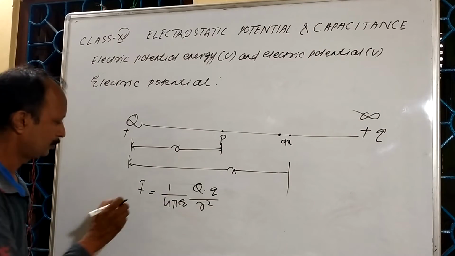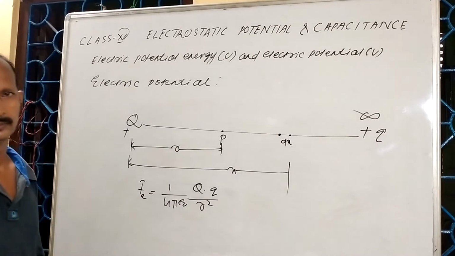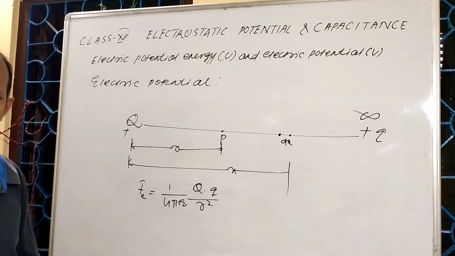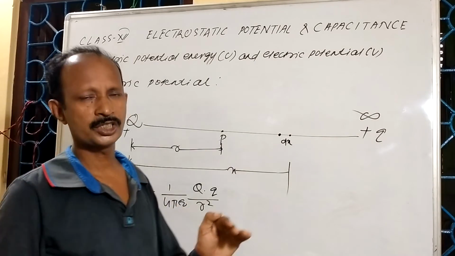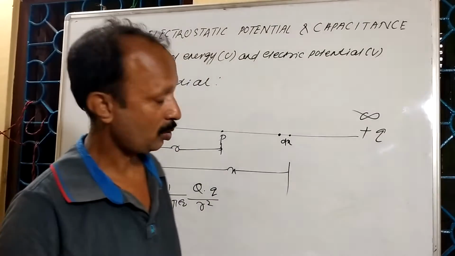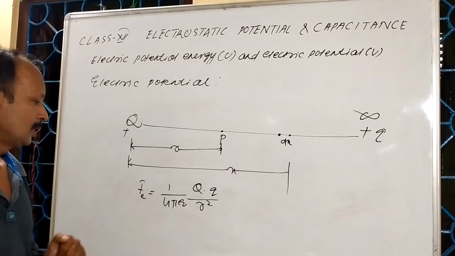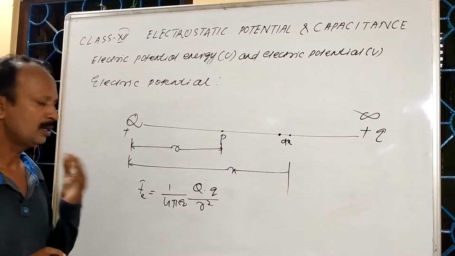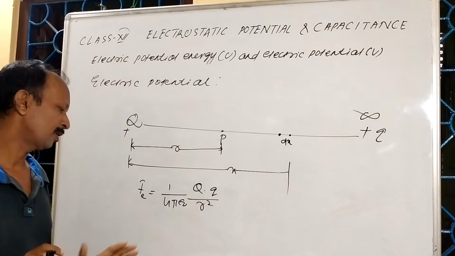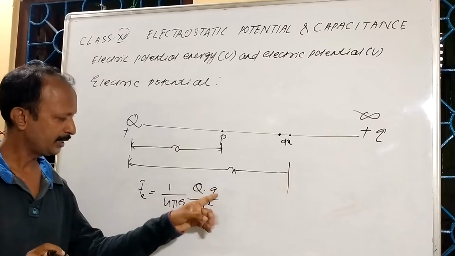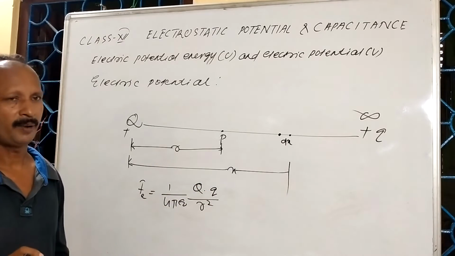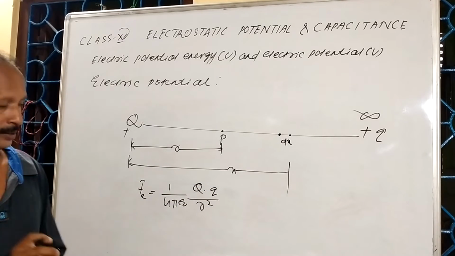This is the force, or you can say electrostatic force. According to Coulomb's law, I have written 1 upon 4 pi epsilon naught, capital Q into small q divided by R square.